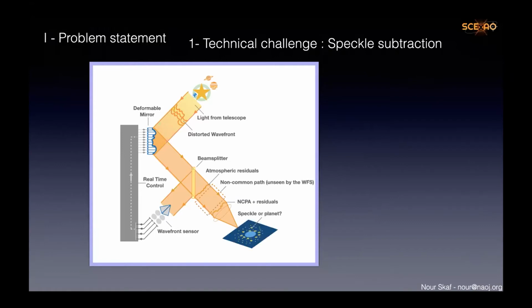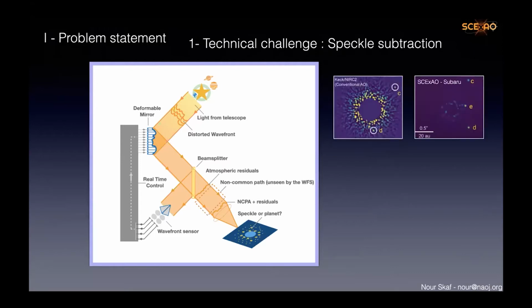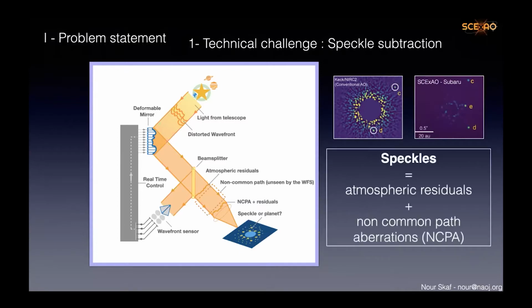As a result, in the focal plane images, there is a bunch of speckles which are really hard to differentiate from the planets. As we can see here in the image on the right-hand side, exoplanets and speckles really look alike, and that makes it a lot more challenging to do exoplanet detection and characterization.